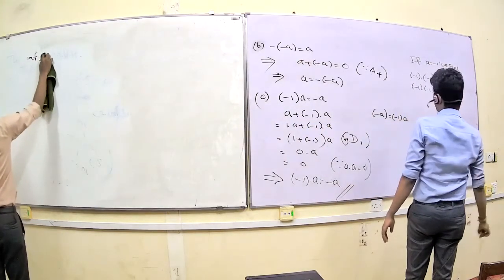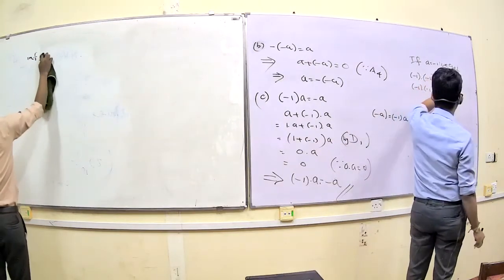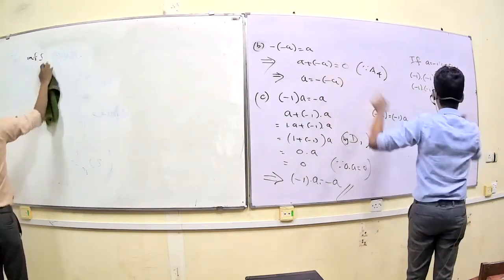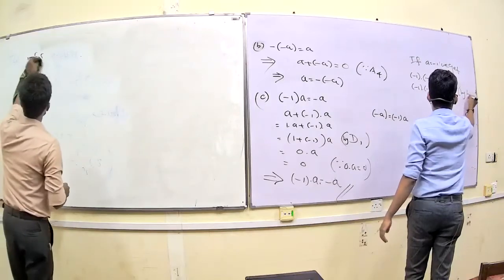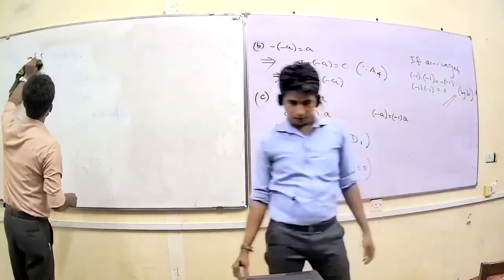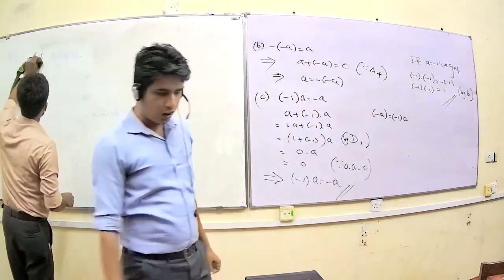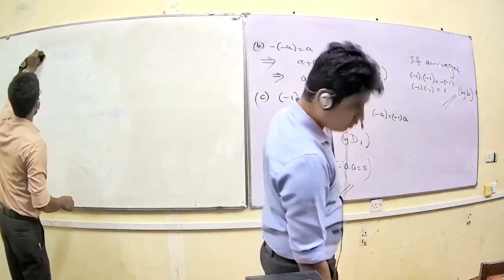You put a as 1 now. Then here a as minus 1 to get minus 1 here, minus 1 here. Hereafter, by using the b part, you can get 1.